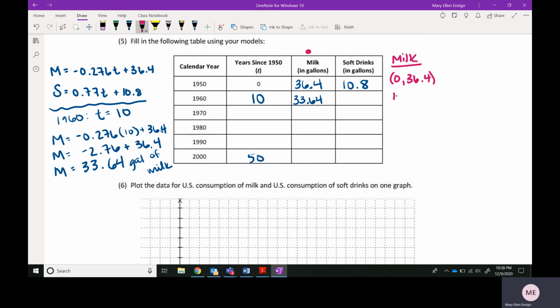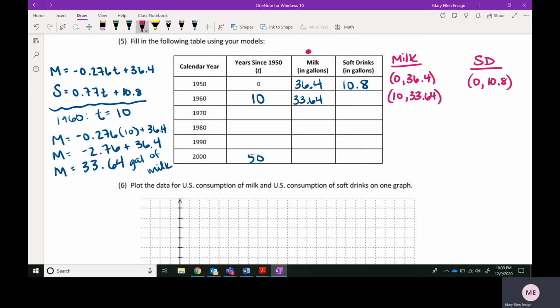After 10 years, 33.64 gallons were consumed, etc. For soft drinks, I'm going to use that same T, 0, but 10.8 is my soft drink. So when it had been 0 years from 1950, how much milk, how many soft drinks? When it had been 10 years since 1950, how much milk, how many soft drinks? So you're just going to fill those in and do that.